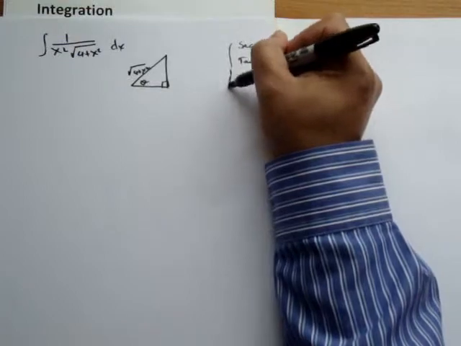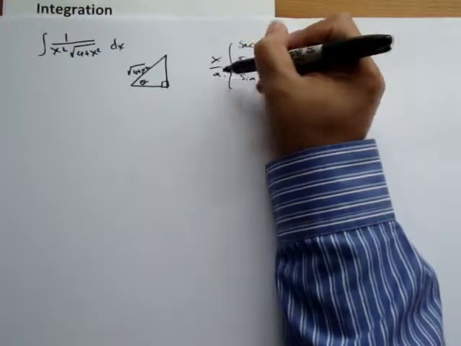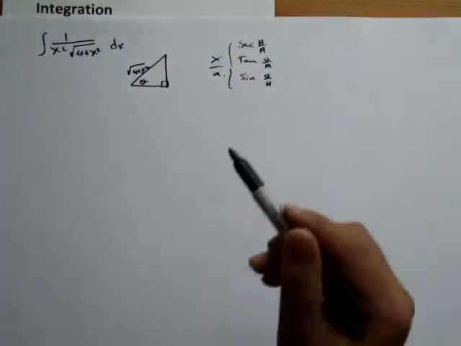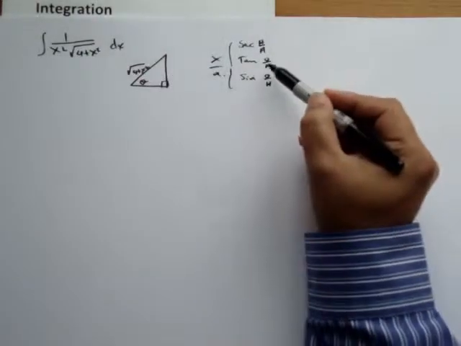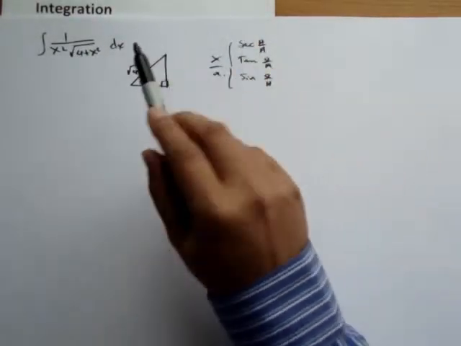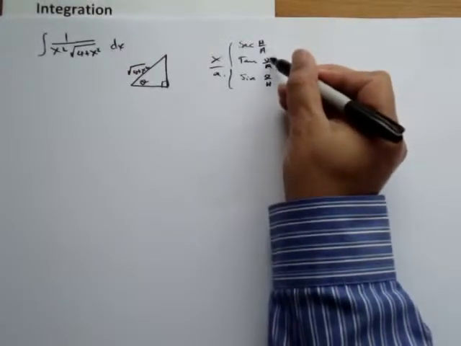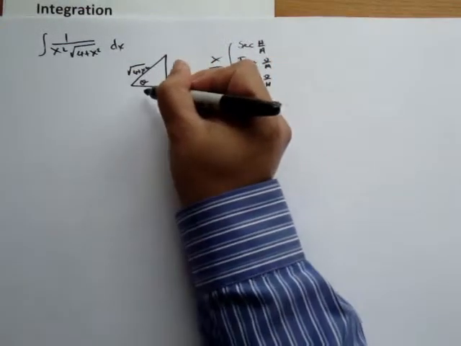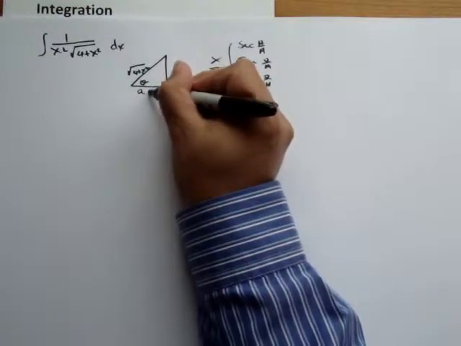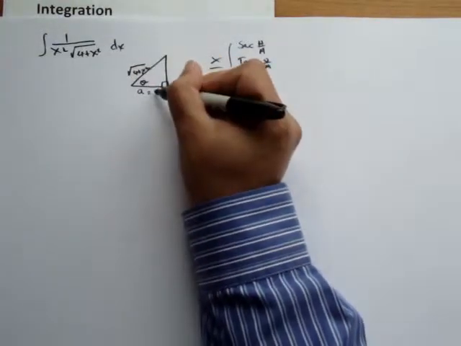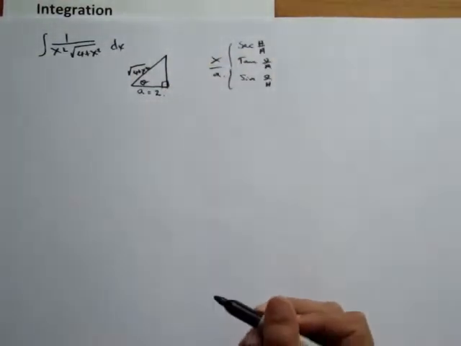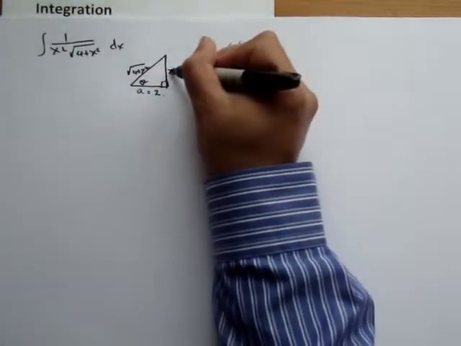And we want x over a to equal one of these. So we know that the a squared equals 4, so a equals 2, so that's going to be on the bottom, and our other side, the opposite, is then going to be x.